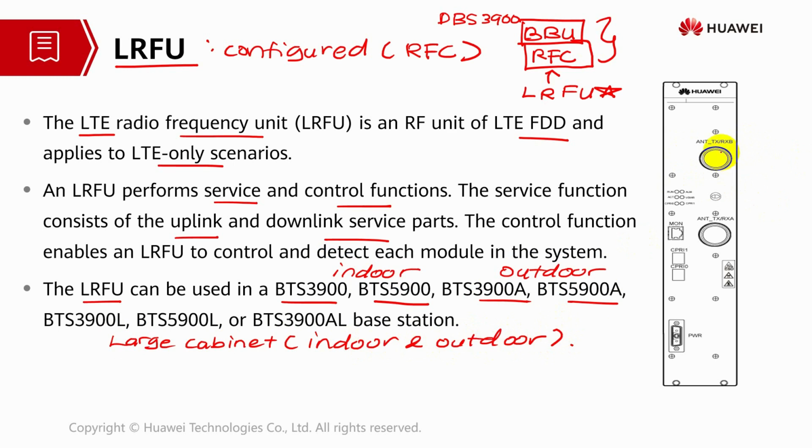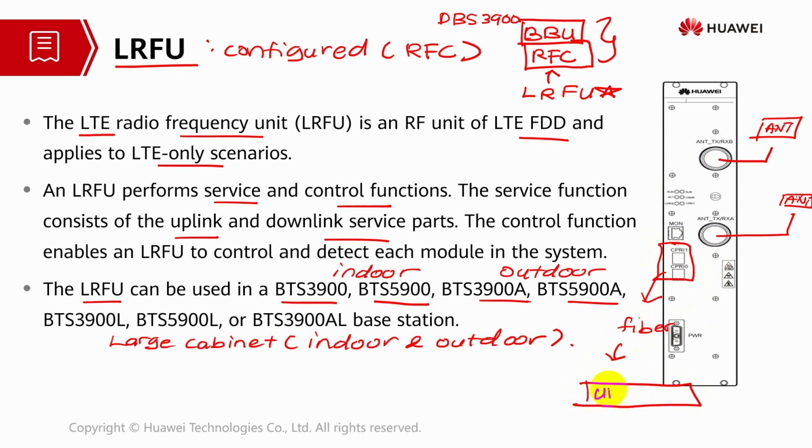Basically, when we look at the RFU unit, it has two separate ports that connect to the antenna system. And there is a CPRI port, which is the fiber connection, which will be connected to the UBBP or LBBP, the baseband unit board in a BBU.